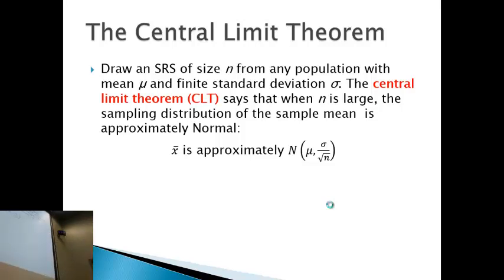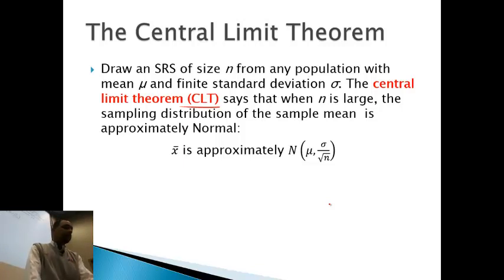So in general, things behave a little more like a normal distribution with some mean and some standard error of a square root of n. And that's our new character, the so-called central limit theorem. And we call it the CLT, not to be confused with the TLC.